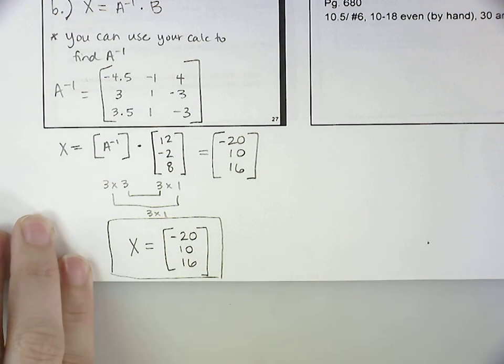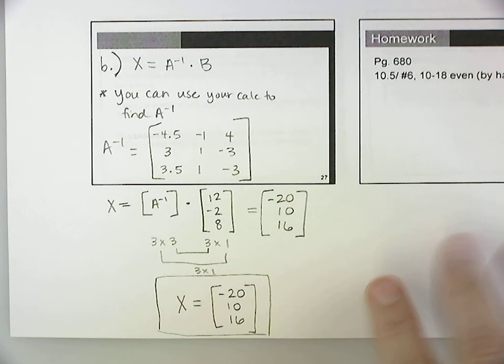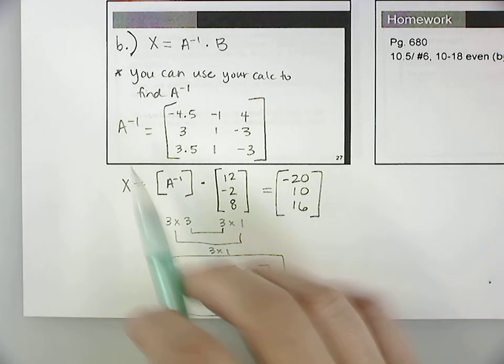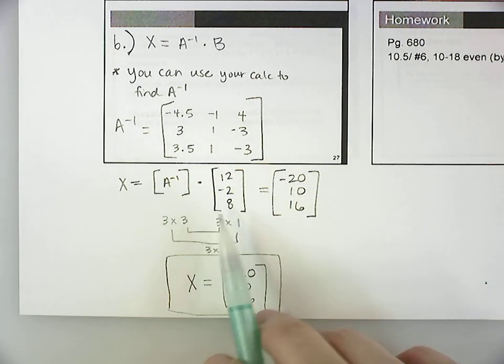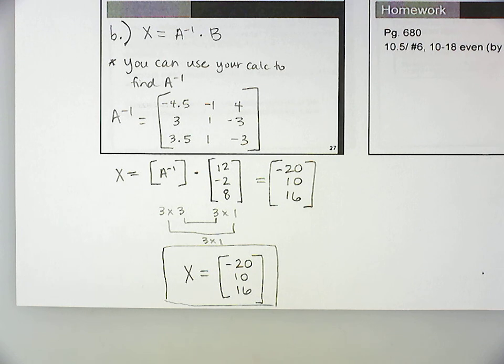That's going to be your x. So really, you should notice that in order to solve these, we're already using things we already learned how to do. So first we learned how to do by hand the inverse, and we've already learned how to do by hand the multiplying. So you'd find the inverse and then you could multiply.